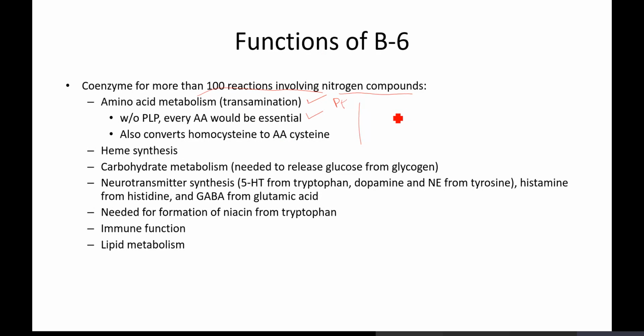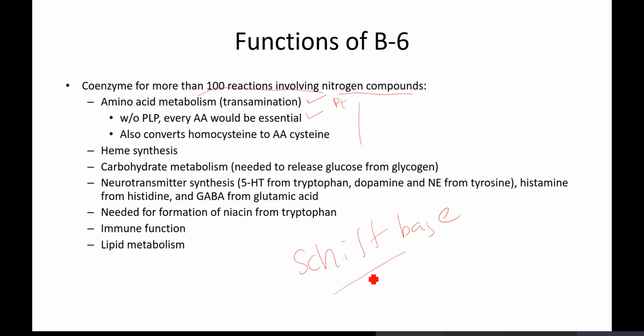Therefore this vitamin B6 is an energy releasing vitamin. It also integrates the carbohydrate and amino acid to form what is called a Schiff base. In transamination, PLP reacts with the amino acid and forms the Schiff base.